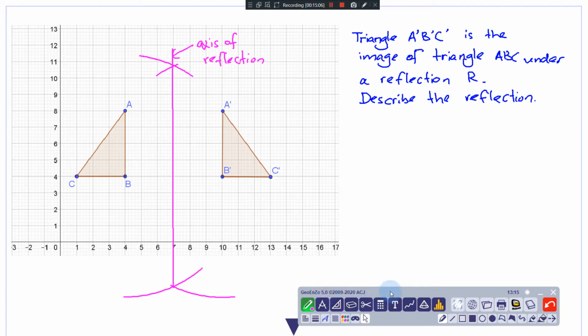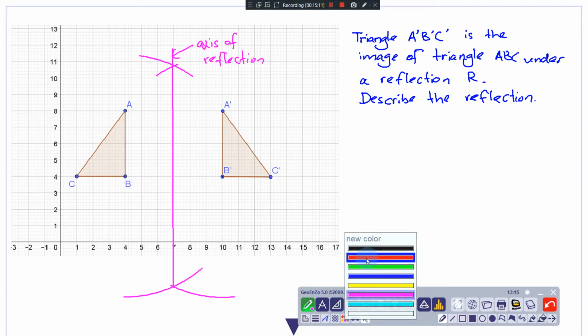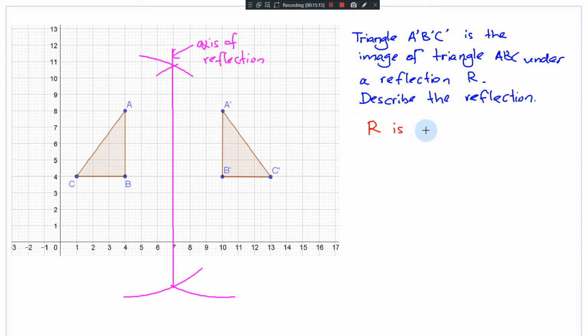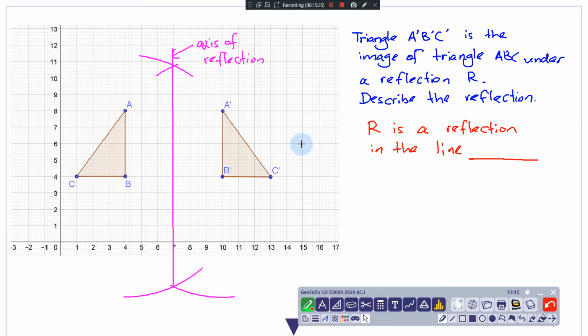Okay, now since we already got the axis of diffractions, we can describe these diffractions. R is a diffraction in the line. Okay, now I'm going to tell the axis of diffraction. How do we write or mention this straight line?